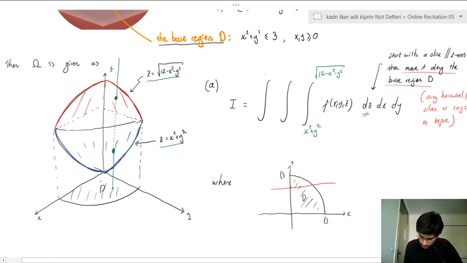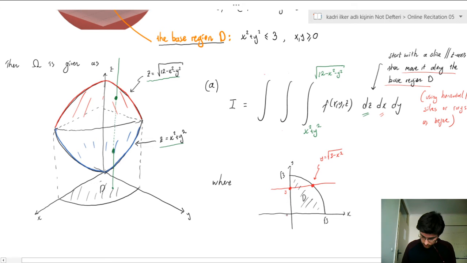You see this slice enters the region over here and leaves the region over here, starting with a fixed y, because remember our next order is dx, therefore y should be fixed. This is exactly the point where y equals square root of 3 minus x squared, with a plus sign, be careful.